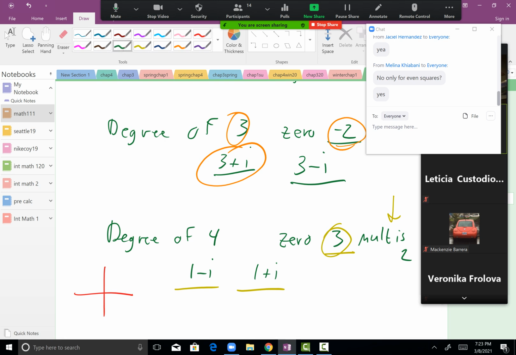So, zero at 3. I really don't know what this looks like, but it's going to be something like that. And right there at 3, that's that multiplicity of 2, so that takes up 2 solutions, or x-intercepts, or roots, whatever you want to call it, zeros.